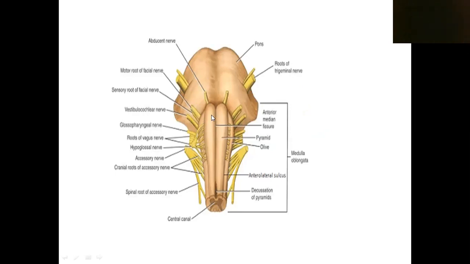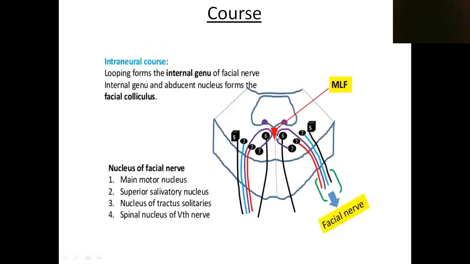First we have to discuss the intraneural course. What is meant by intraneural course? It means the course inside the central nervous system, the brainstem. Here it is inside the pons. How do these fibers run?